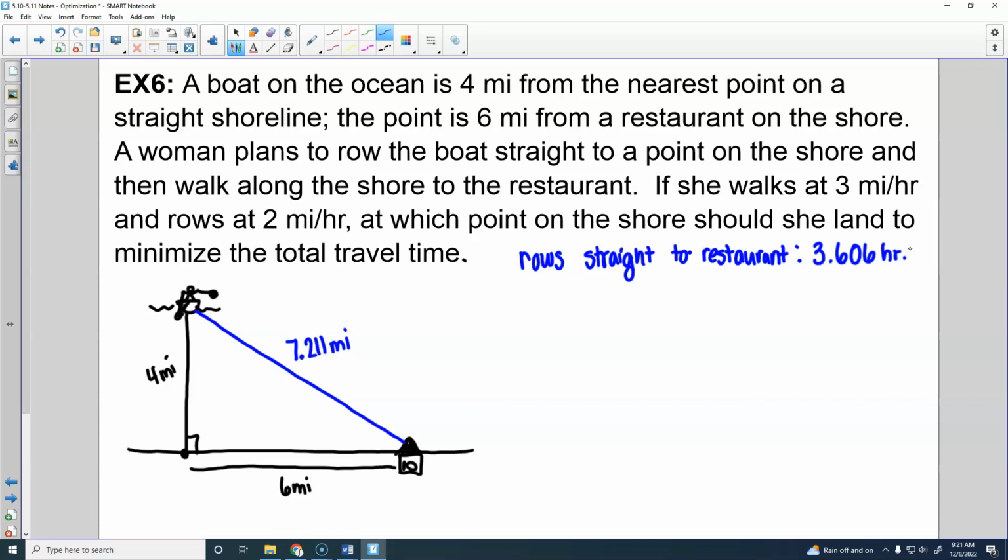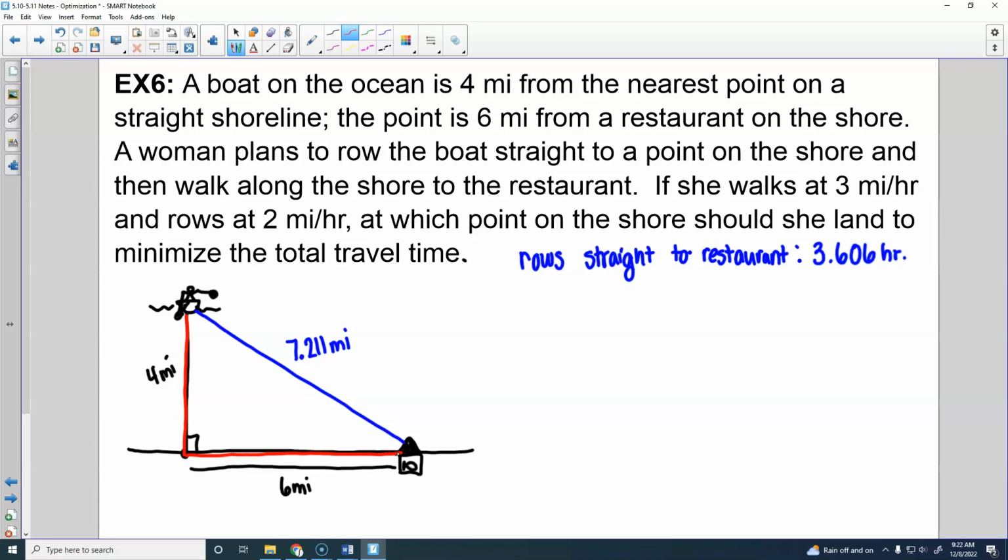All right. So our other simple option that we have here mathematically is that she rows straight to shore and then she walks this whole way. That's going to be a lot longer, but she is a faster walker than she is a rower.